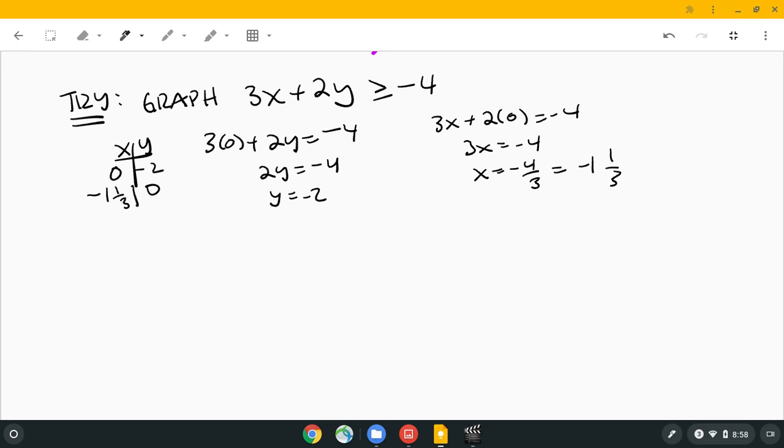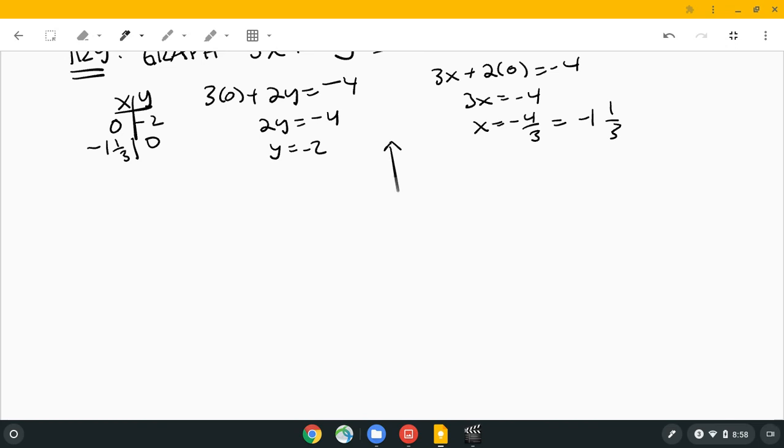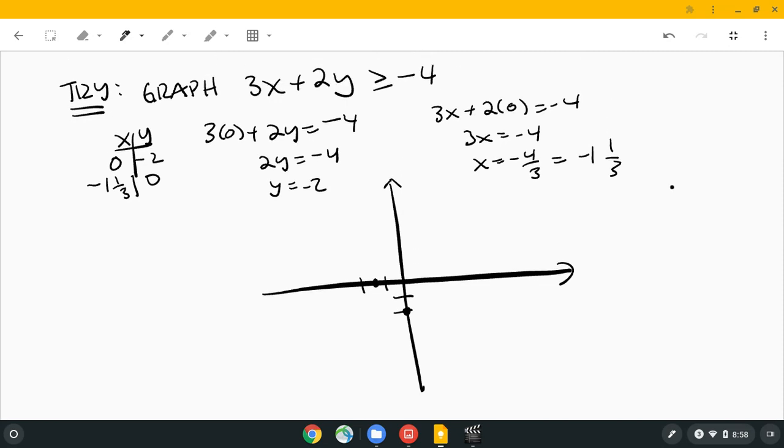This is greater than or equal, so I will have a solid line. Zero, -2, and -1 and a third, 0.